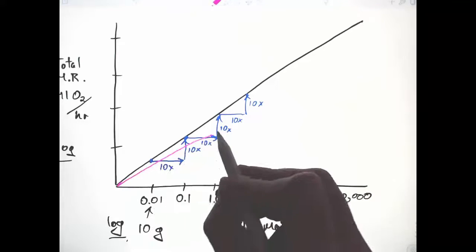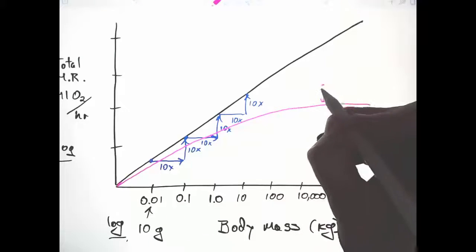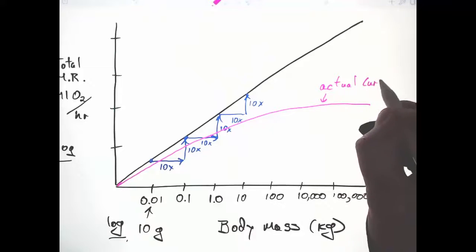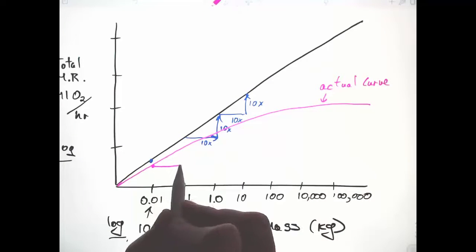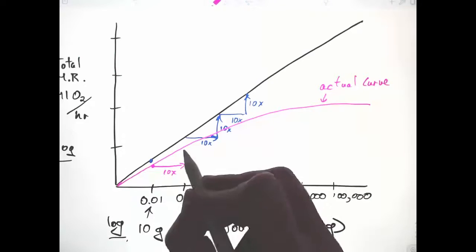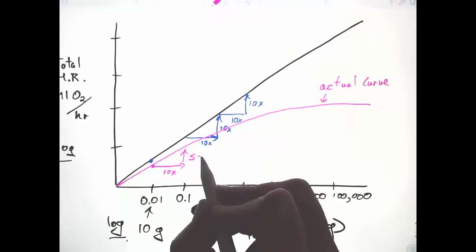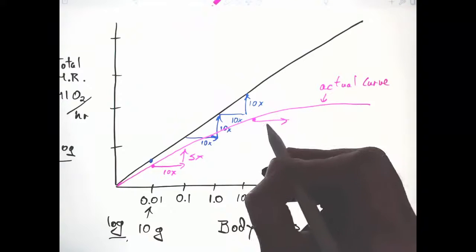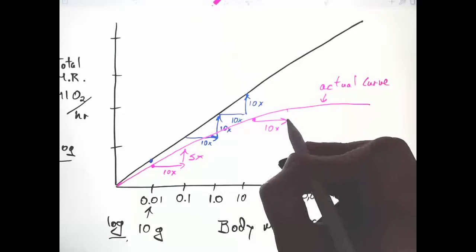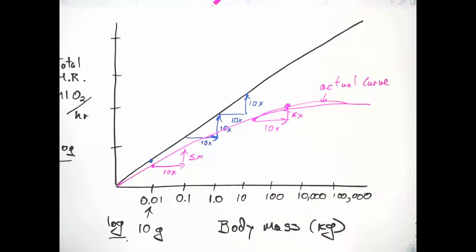But what we actually have is a curve that looks more like this. A 10x increase in body mass gives us only a 5 times increase in metabolic rate. And that's true all the way along the curve. 10 times gives us only a 5 times increase in metabolic rate.